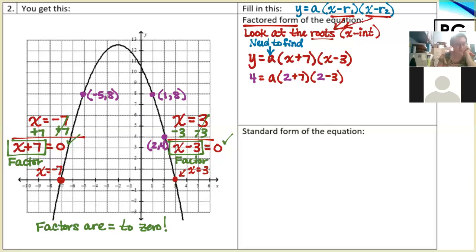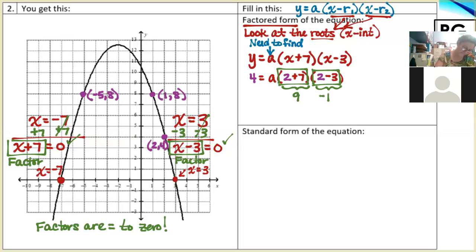All right, so now I'm looking over on the left. Order of operations says parentheses first. So I need to simplify these parentheses and these parentheses. What's 2 plus 7? 9. And then I need 2 minus 3. What is that? -1.